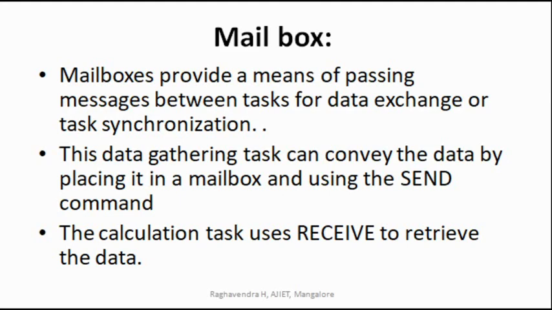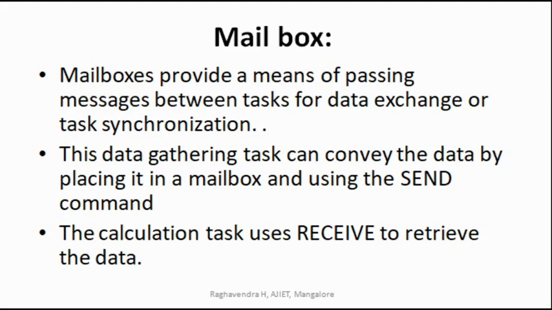Using a mailbox achieves synchronization by forcing the calculation task to wait for new data before it operates. The data producer puts the data in the mailbox and sends it, okay?